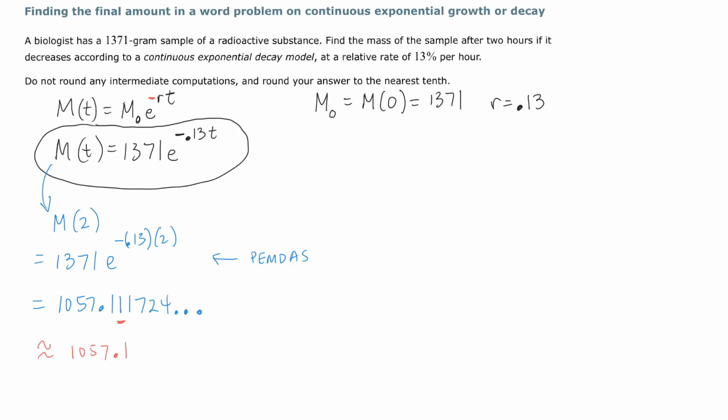Let's write our answer in a complete sentence. The mass of the sample after 2 hours is 1057 and 1/10, I believe, grams.